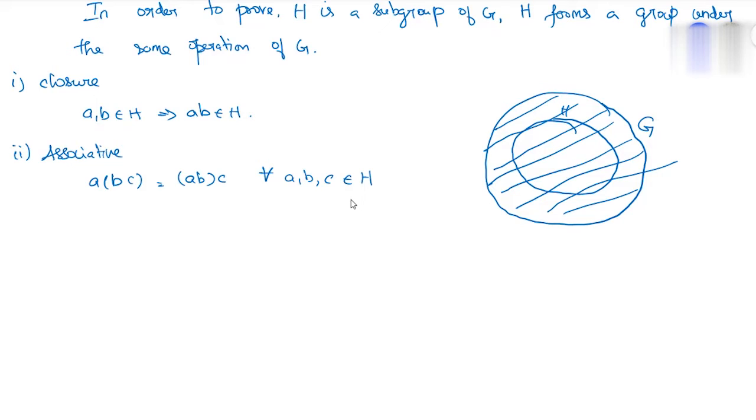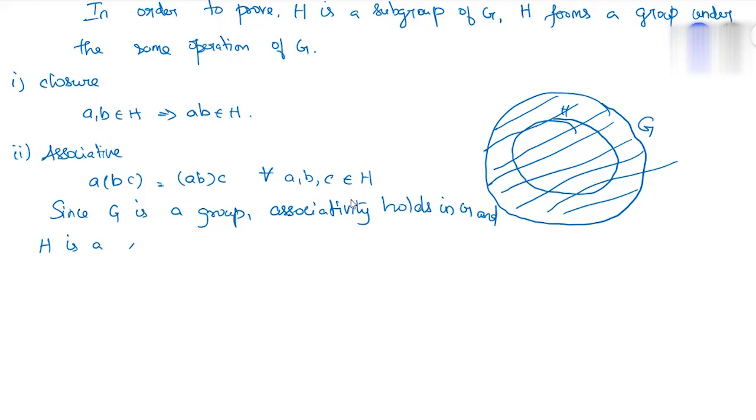Since G is a group, associativity holds in G, and H is a subset of G, so the associative property holds in H. Okay, and the associativity is proved.